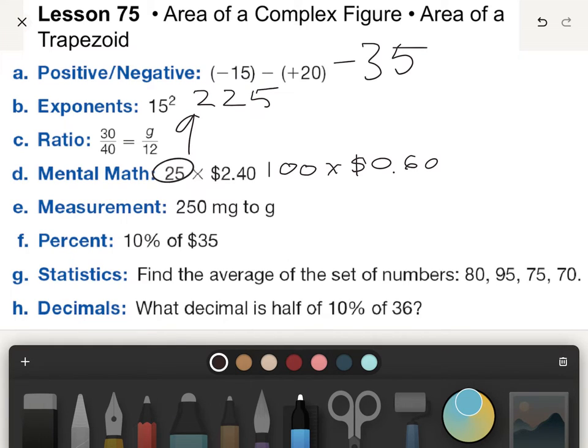If I doubled this and halved this, it works. If I multiply by 10 and divide by 10, it works. If I multiply this by 4 to get 100 times something, and divide this by 4, it still works.